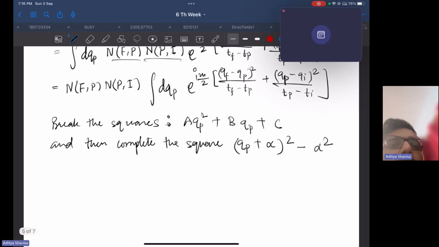You're going to get these kind of terms, with the square, something like this, to get a Gaussian integral.